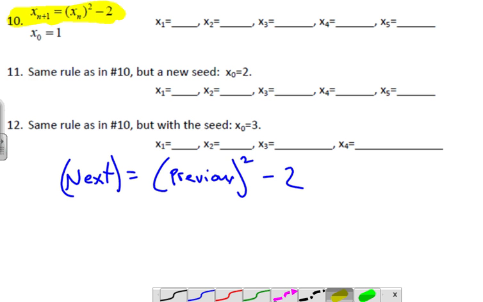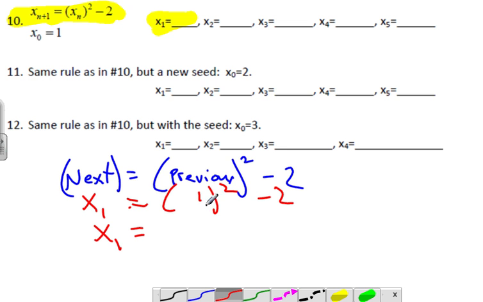Alright, so we have the 0 term, the seed term. So if we want the 1 term, the very first iteration, we'll need to use the term that came before that. To get term 1, we'll need to use the seed, which was 1. 1 squared is 1. 1 take away 2 is negative 1. Our first iteration, negative 1.